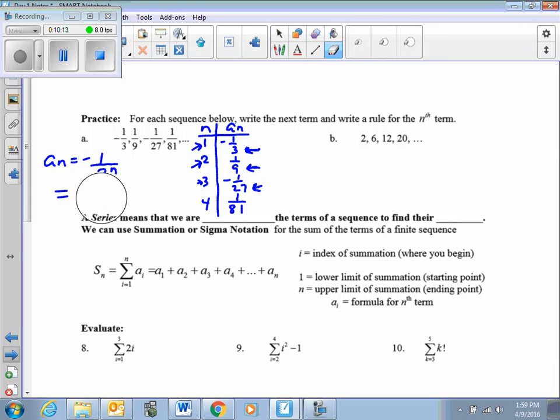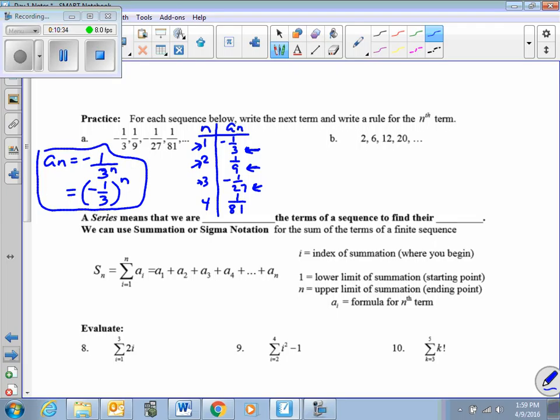No, not quite. I got to leave my negative in the parentheses because every time it gets raised to the next power, it's going to alternate. So what this is going to give me is negative 1/3 to the nth power. Okay, so there's my rule. Takes a little bit of work to figure that out.